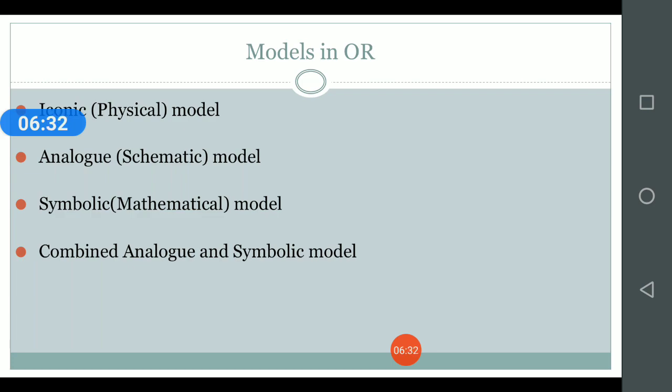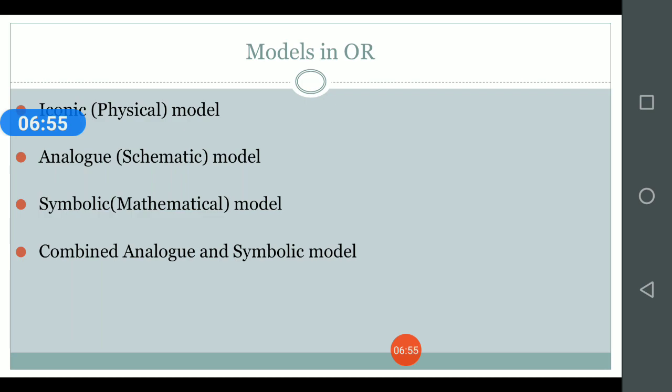For example, showing the efficiency of a particular person during the day with the help of a line graph, or showing stock market activities with a bar graph, can be termed an analog or a schematic model.